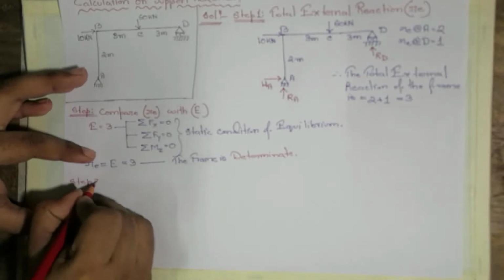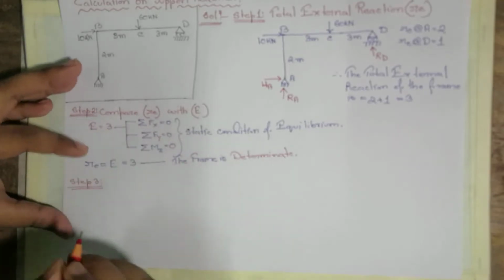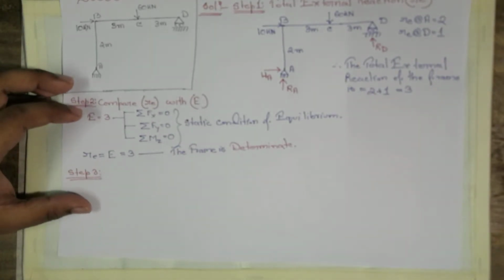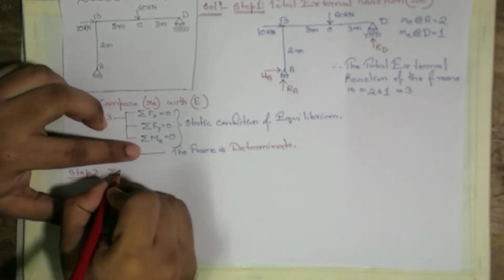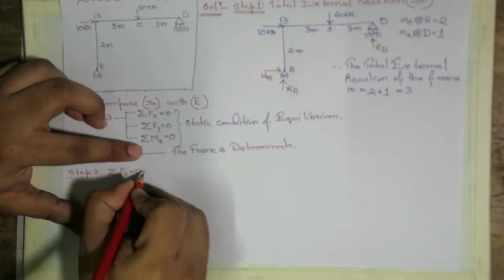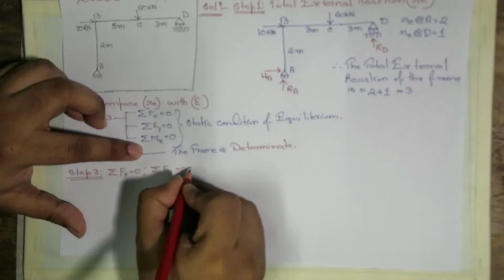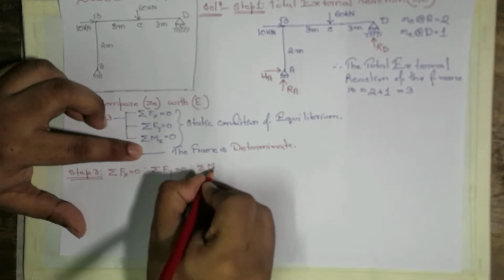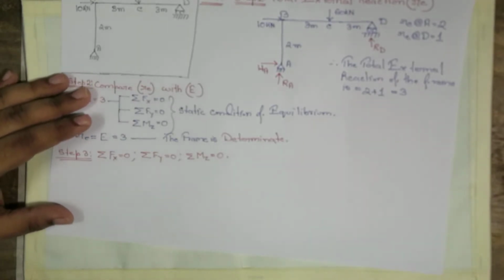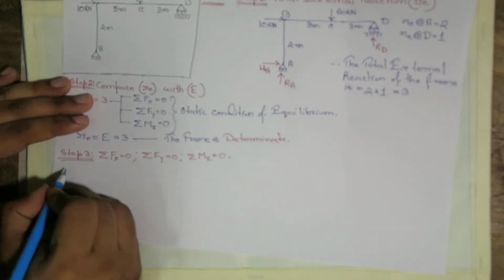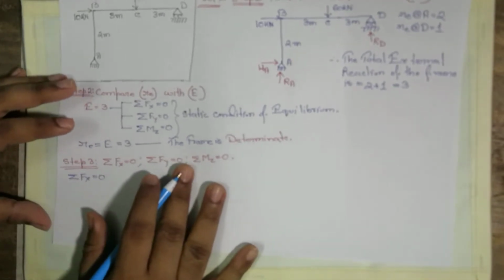Now for step 3. We are going to take the equilibrium conditions, that is summation of Fx equal to 0, summation of Fy equal to 0 and summation of Mz equal to 0. Okay, now first we are going to consider the summation of Fx equal to 0. What does this mean?